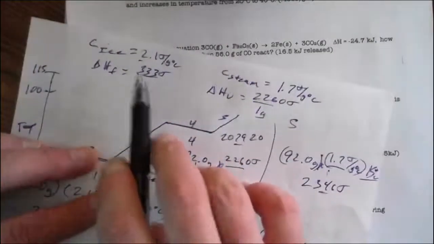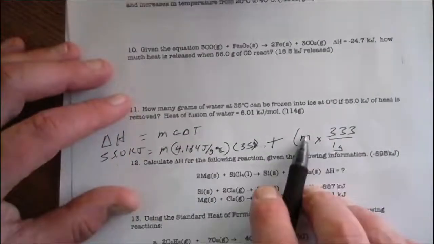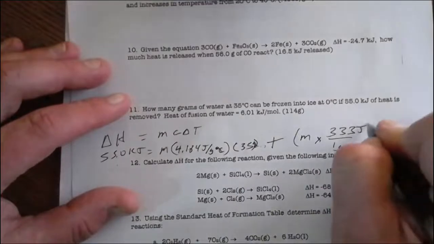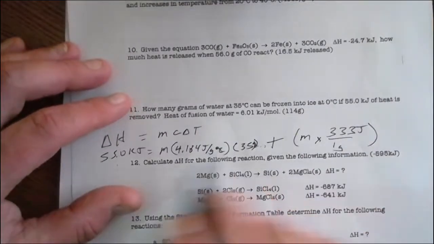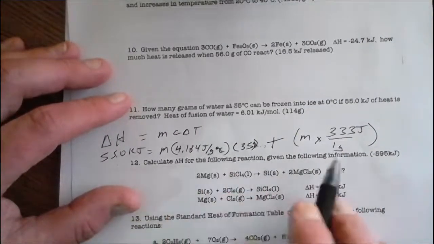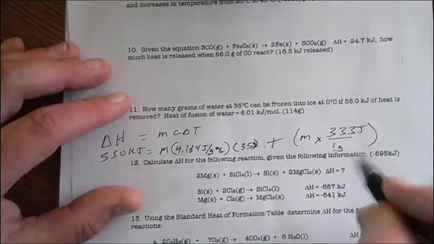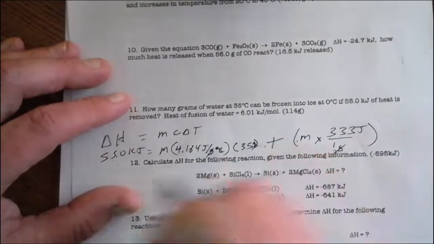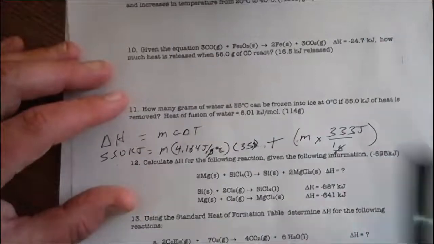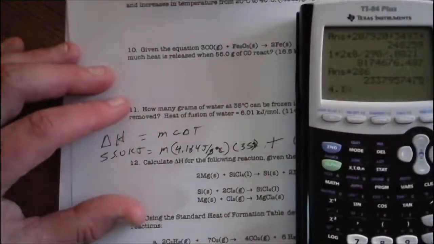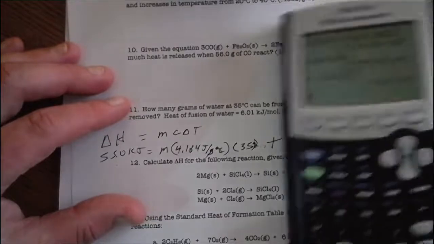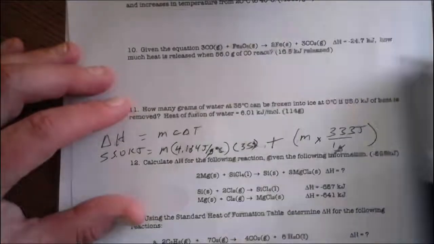Right here, per gram. So we're going to take that mass and multiply it by 333 joules, and then we're going to add them together. What's going to happen to grams here and grams here? They're both going to cancel with the masses. So I've got 4.184 times 35. That's 146.44.